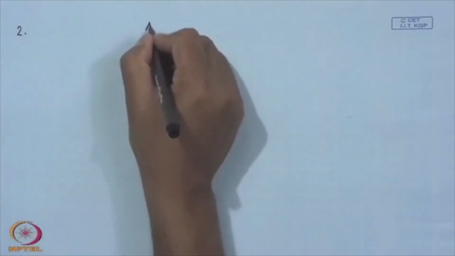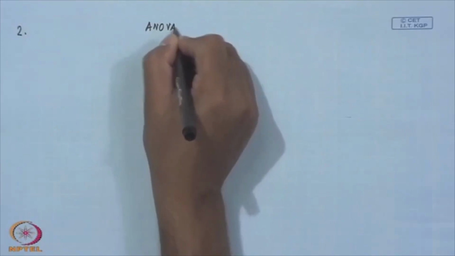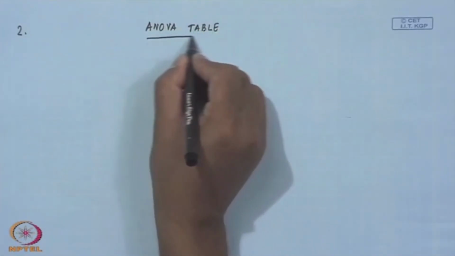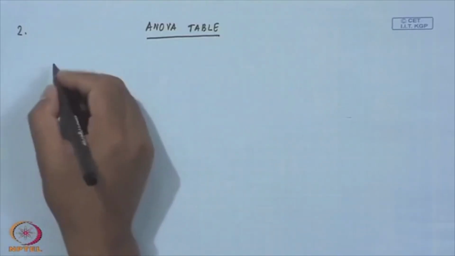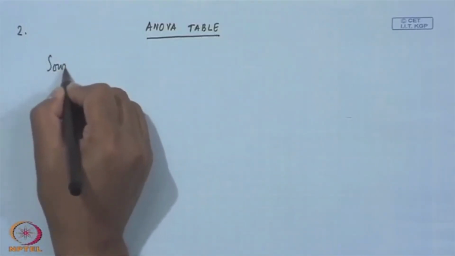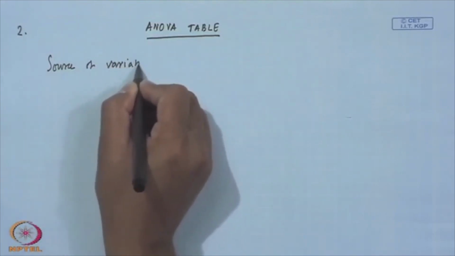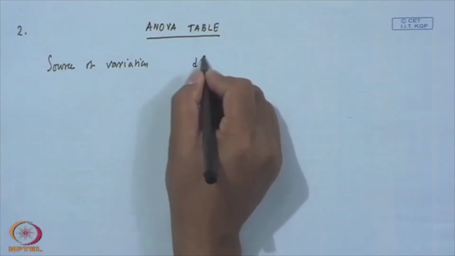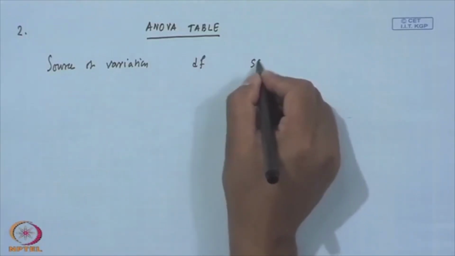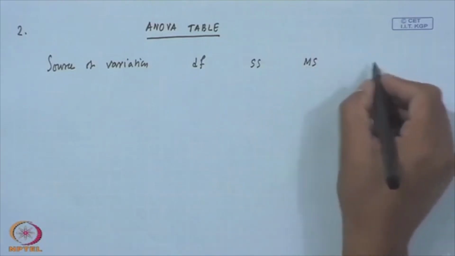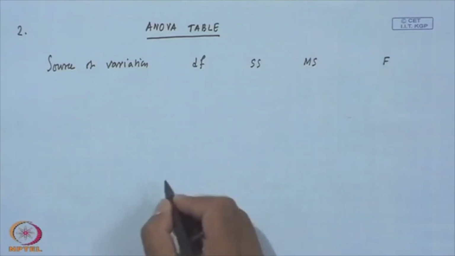So, source of variation, degree of freedom, sum of square, MS and the F statistic.